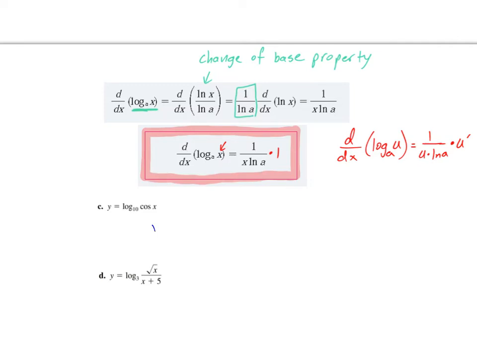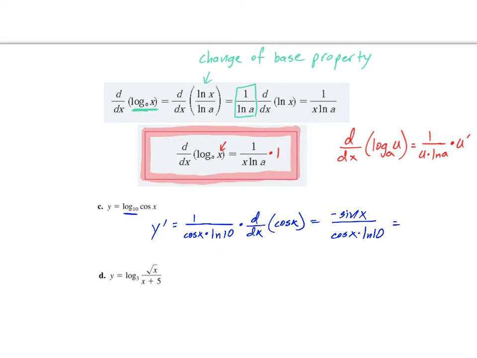So let's go. y prime is equal to, since it's a log, 1 over the input, 1 over cosine x, times the natural log of the base, so that's ln of 10, times the derivative of the input, so it's the derivative of cosine, which gives me technically negative sine on top over cosine times ln of 10, and negative sine over cosine is really negative tangent.